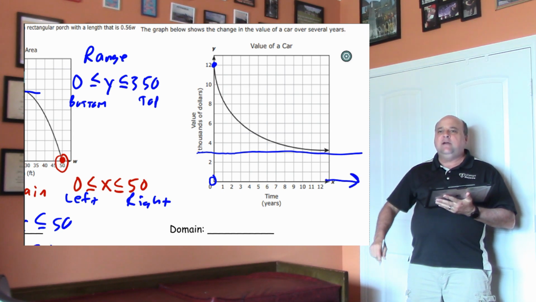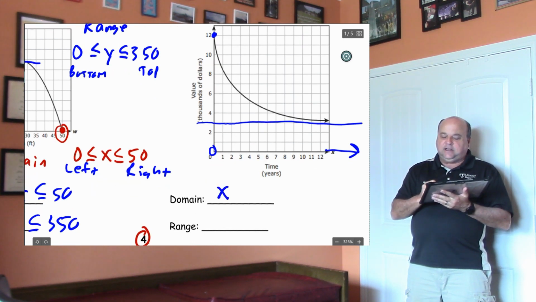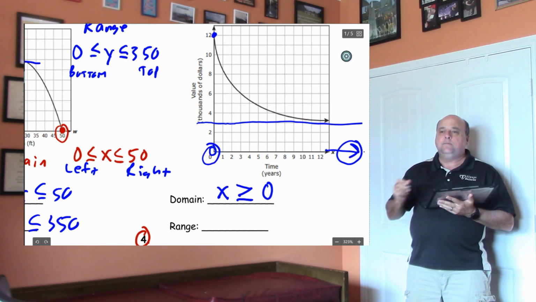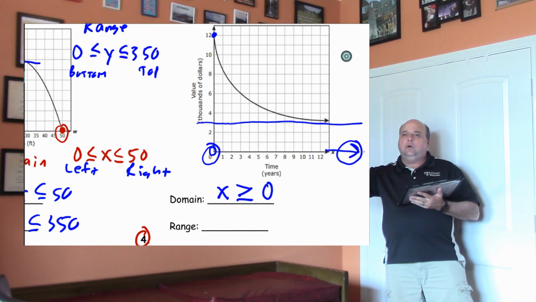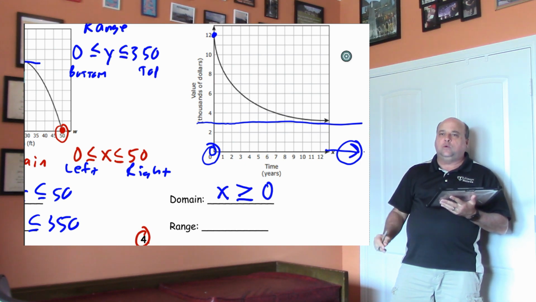It never ends, does it? So the way you would write that, your domain is going to be x greater than or equal to 0, that matches the arrow tip. It starts at 0, and it keeps going. So your domain would be x greater than or equal to 0.